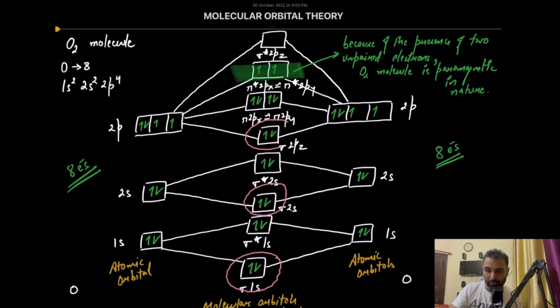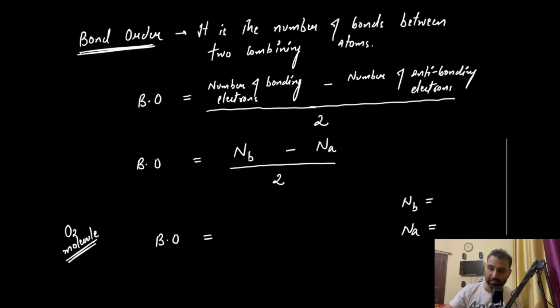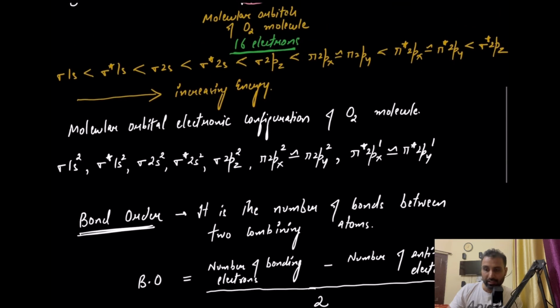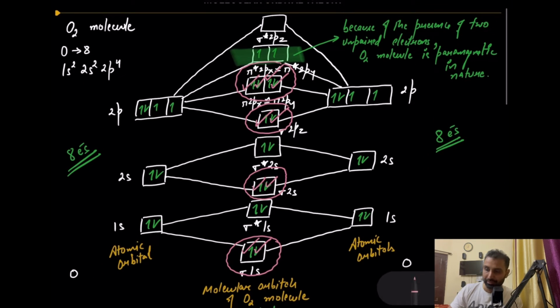That's again the bonding molecular orbital. And that's again the bonding molecular orbital. So I have marked the bonding molecular orbitals. Now let's count the number of electrons that are present in bonding molecular orbitals. So that's 1, 2, 3, 4, 5, 6, 7, 8, 9 and 10. We got bonding electrons to be 10 in number.